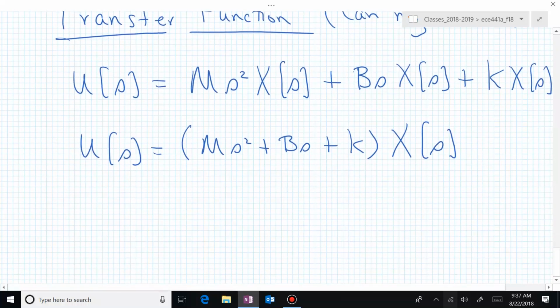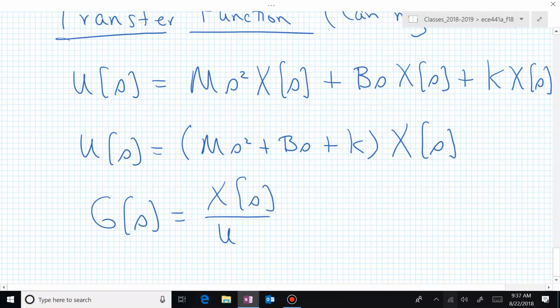We're now in a position to find the transfer function. G of s is now capital X of s over U of s. And we put everything else on the other side. So we divide both sides by capital U of s, and we need to divide both sides by the bracketed expression m s squared plus b s plus k.